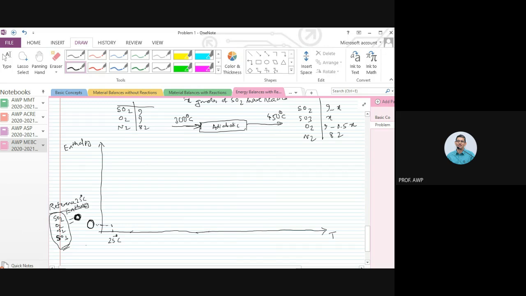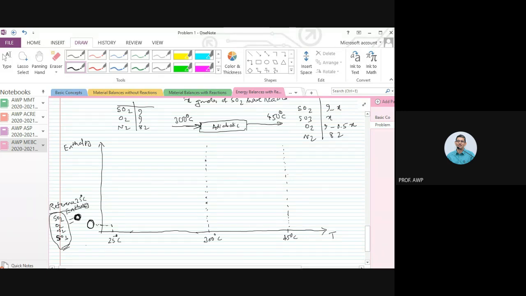The reactor inlet is at 300 degrees centigrade, and the reactor outlet is at 450 degrees centigrade. This is our reactor. Whatever is happening between these two dotted lines is our reactor. Do you agree with that?